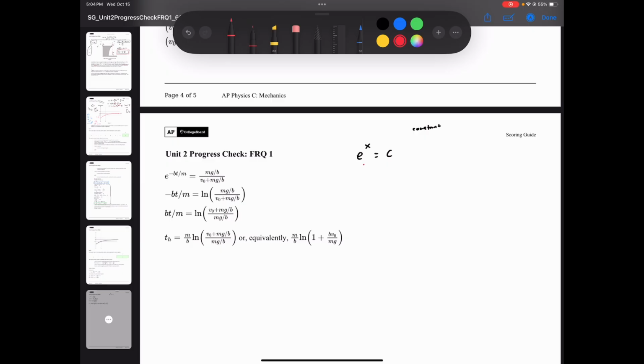So this is for whatever exponential function you have. Here I have log base e of c equals x. So if I rewrite this expression, x is equal to the natural log of c. And you can do that for any exponential function. Say I have 10 to the x equals 100.